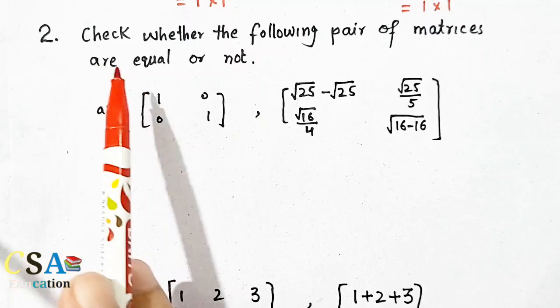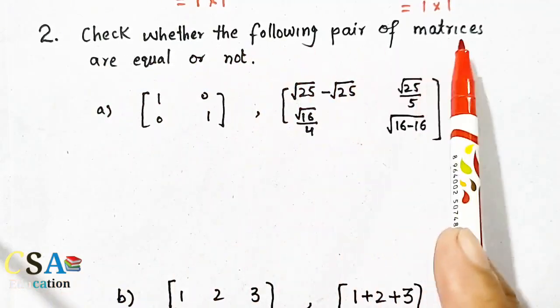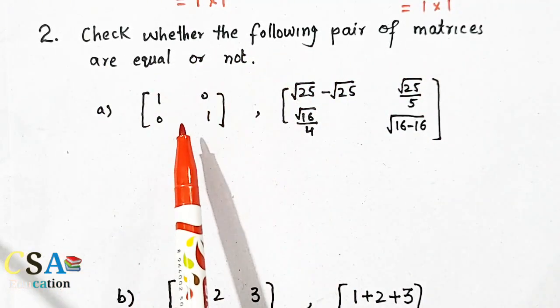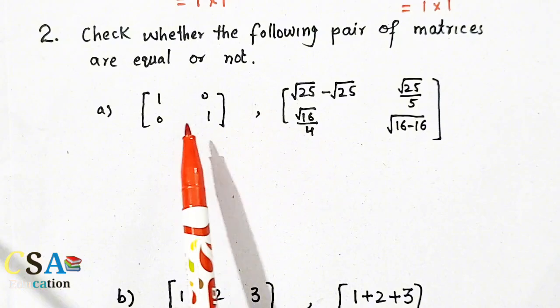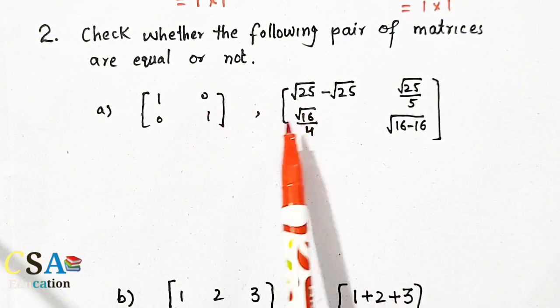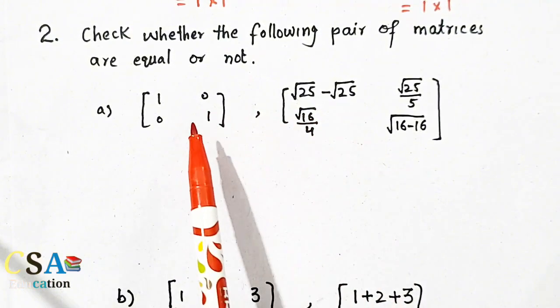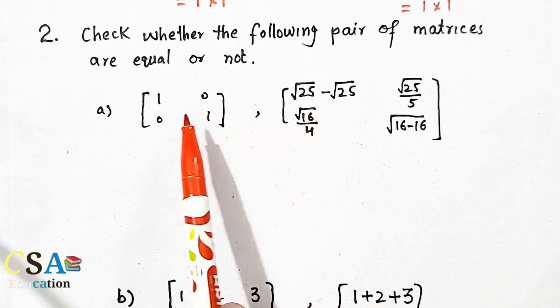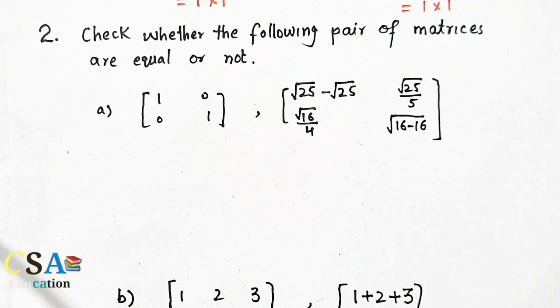Now question number 2: check whether the following pair of matrices are equal or not. Two matrices are given, or we can say that one pair of matrices is given, and we have to find whether these two matrices are equal or not.